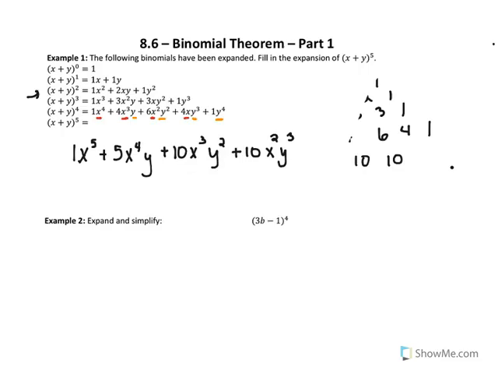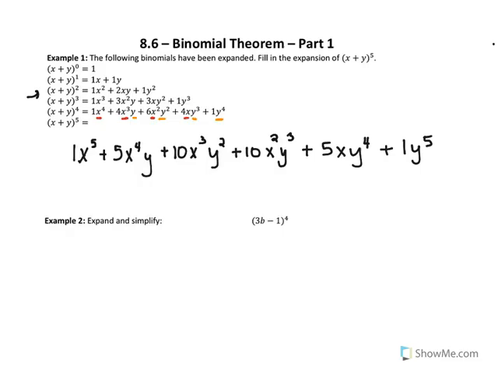I'm running out of room. The next number will be 5. We're going backwards now, so 5, we have 1x, and my y is to the power of 4. And our last one would be 1y to the power of 5. So our x's decrease, our y's increase.